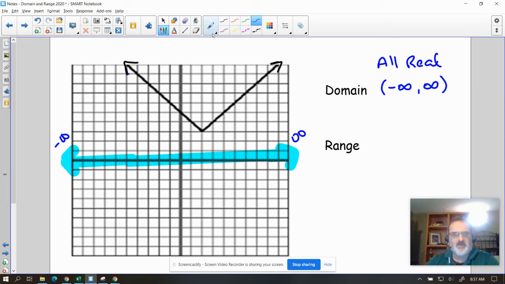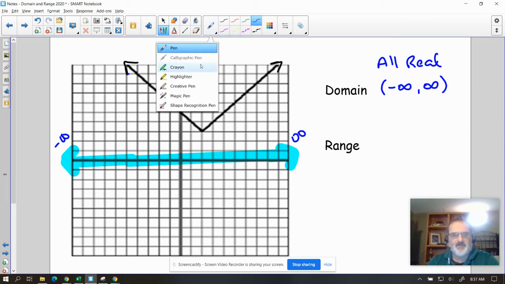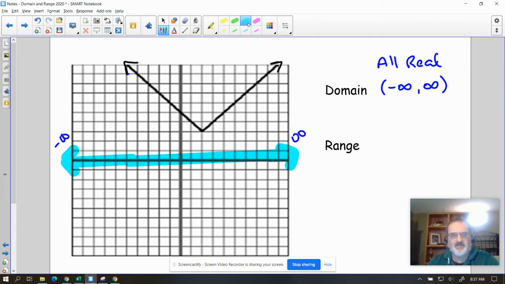Now the range is a little bit different. If I drop those points, and again there's infinitely many points, to the y-axis for range, I'm only going to be able to drop it from here, but then it goes up forever too. So this actually has a stopping point right there.